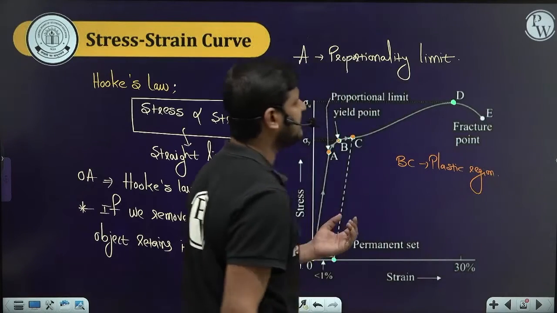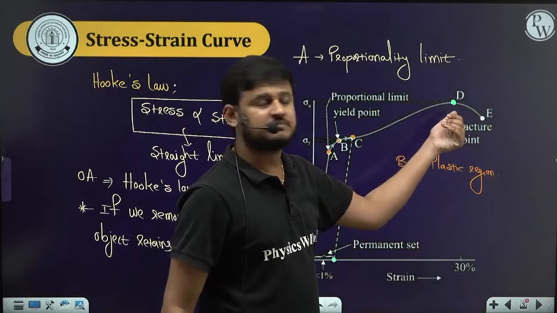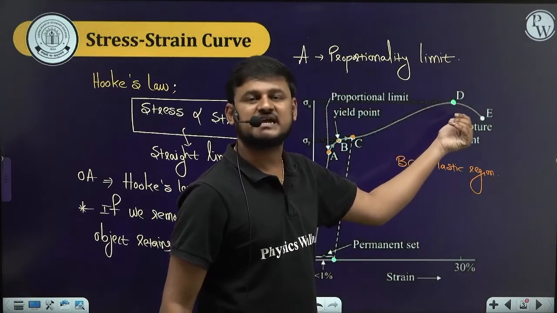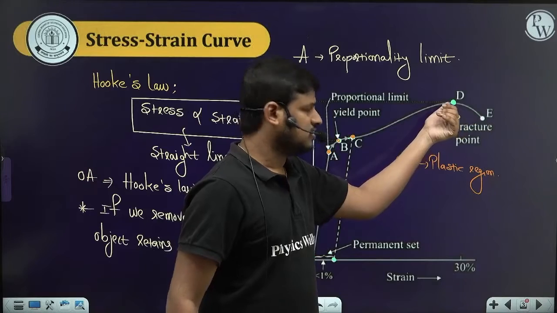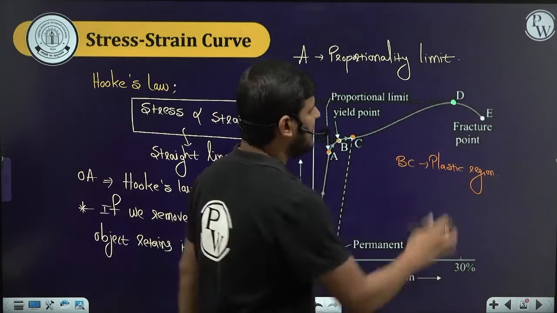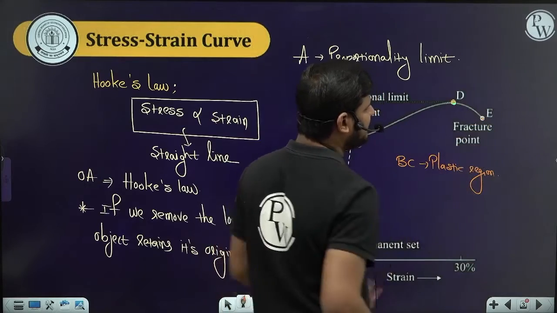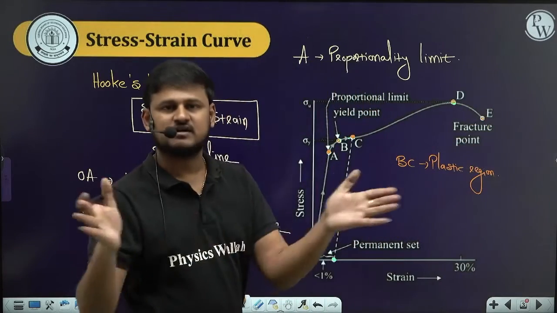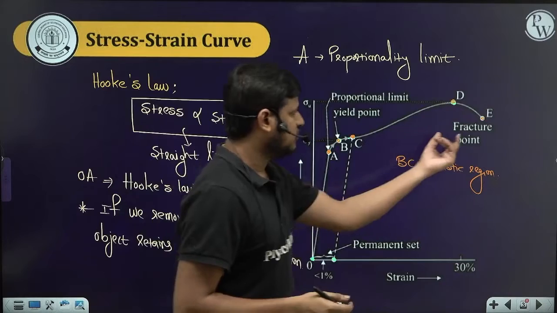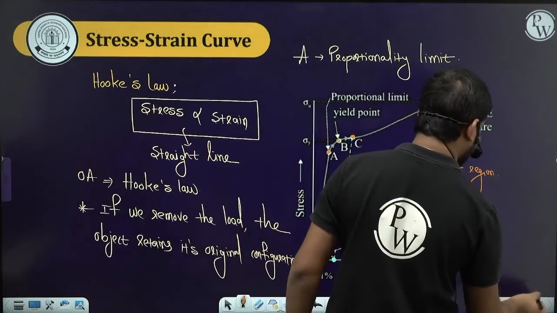D is the maximum stress, the ultimate stress or the breaking stress, the maximum stress the body can withstand. After that the body starts to crack, and then at some point it reaches complete fracture. Point E is called the fracture point.